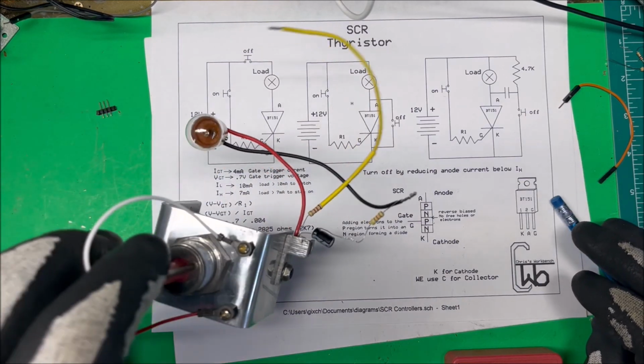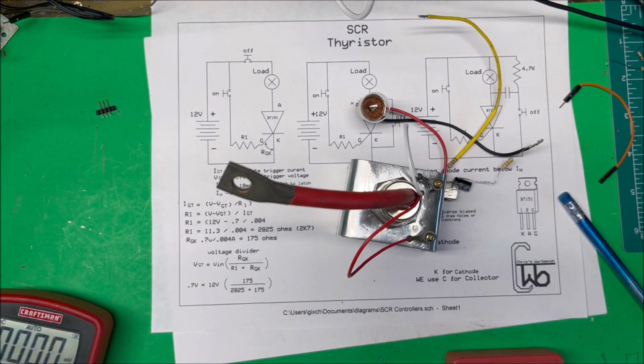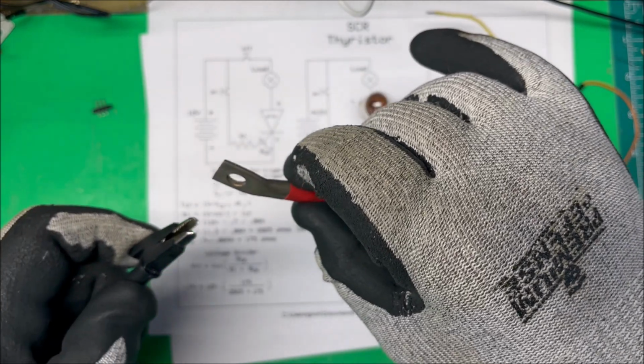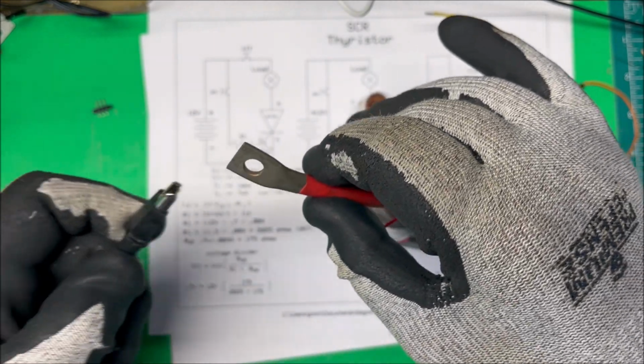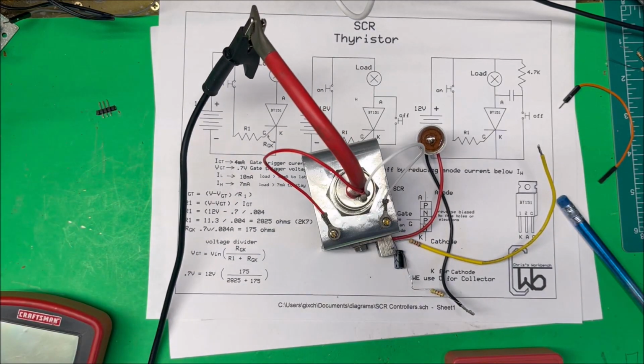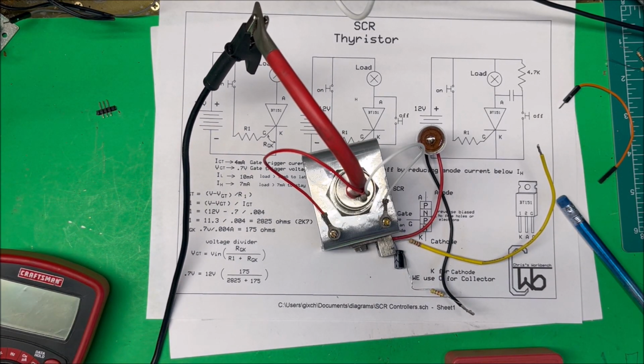Now we'll take a look at this one here. Okay, this one's going to be easier to look at here. This happens to be the cathode there. And here's the anode over here.